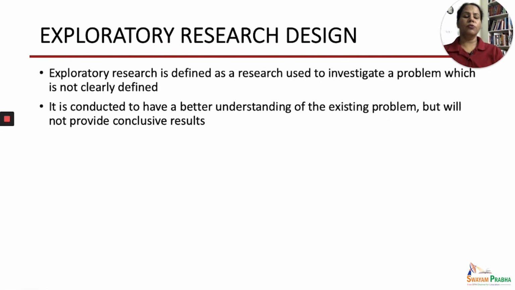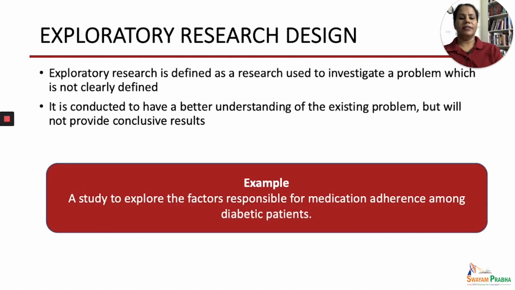So we try to understand that problem through studying different factors which might be causing that particular problem, but we do not give the conclusive results because we are not using the experimental research design, we are simply using the non-experimental research designs. Example, a study to explore the factors responsible for medication adherence among diabetic patients.